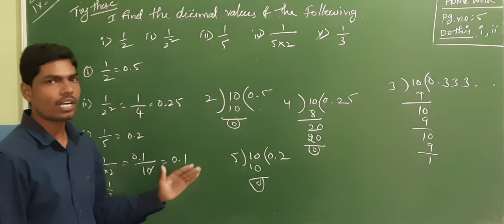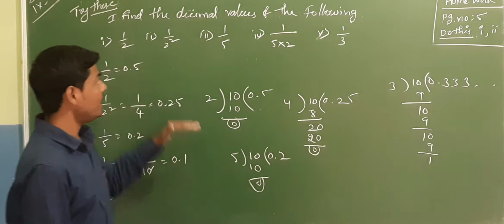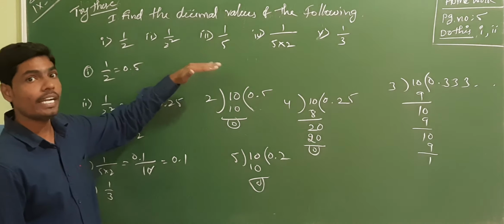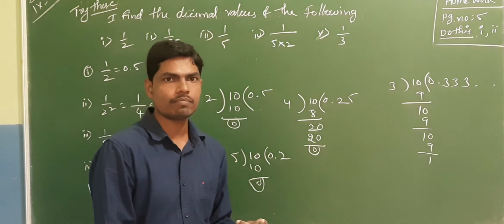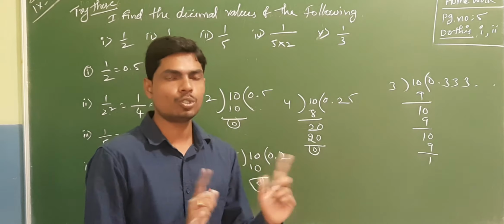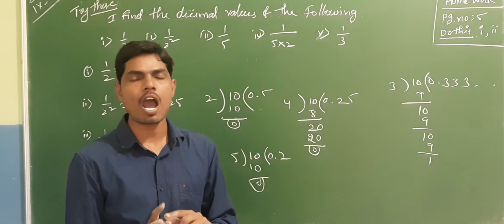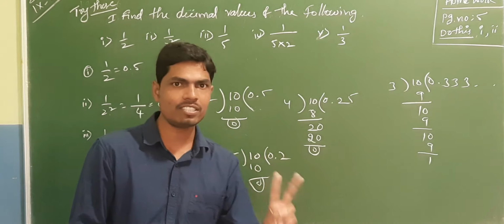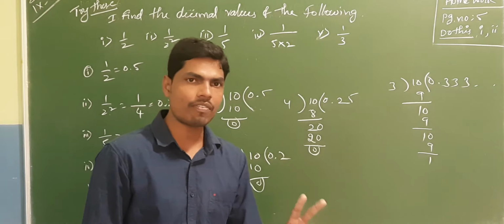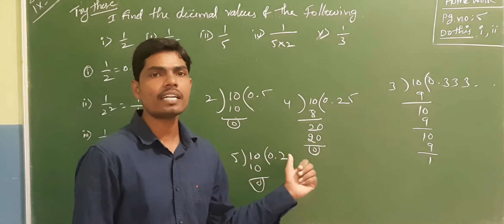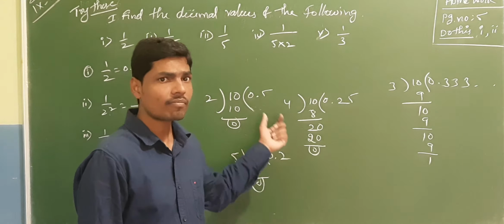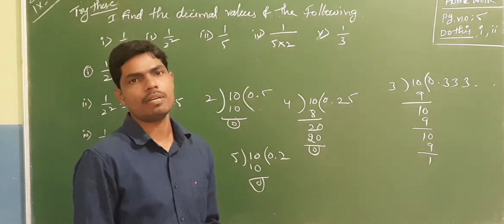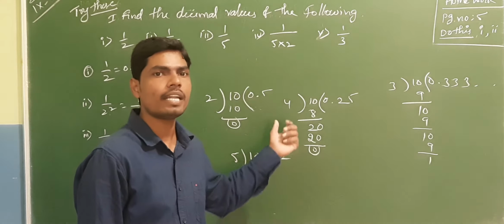So finally what I conclude here is, if in the denominator you have 2 or 5 or both, if you have these two digits or any one of them, that rational number will become a terminating decimal.